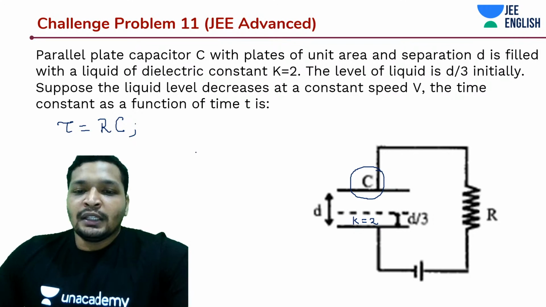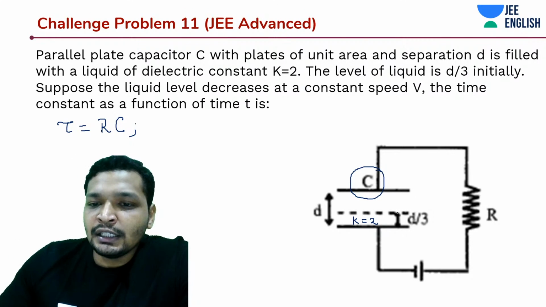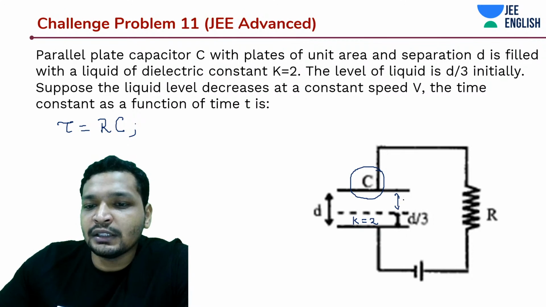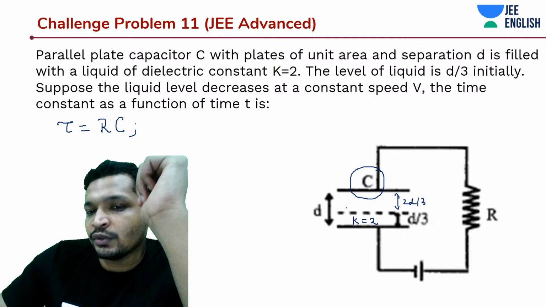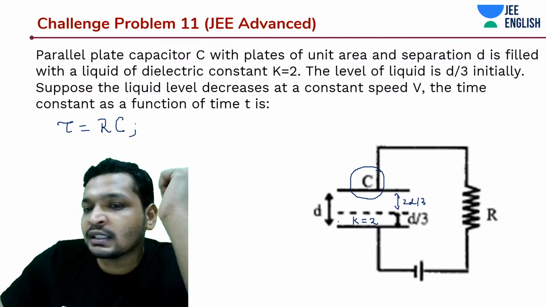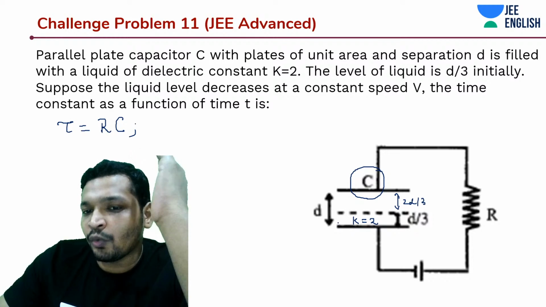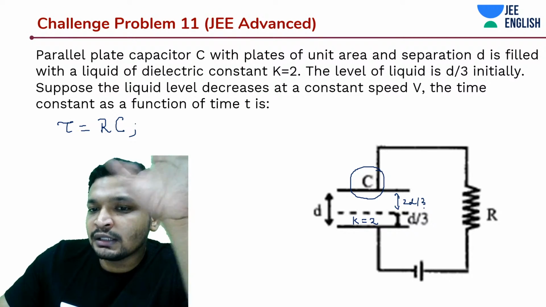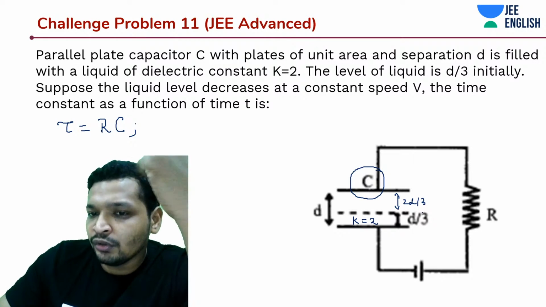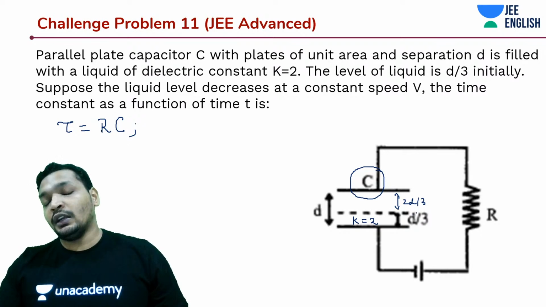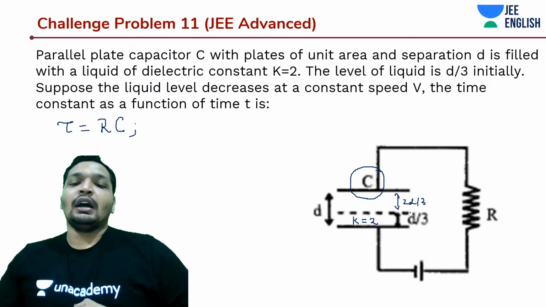Okay, let me tell you something. If you are taking these two different places, this d by 3 and 2d by 3, what are they in? It's actually a very simple problem, students. Assume that this distance is x, not really d by 3, or y something, and this is d minus that x.